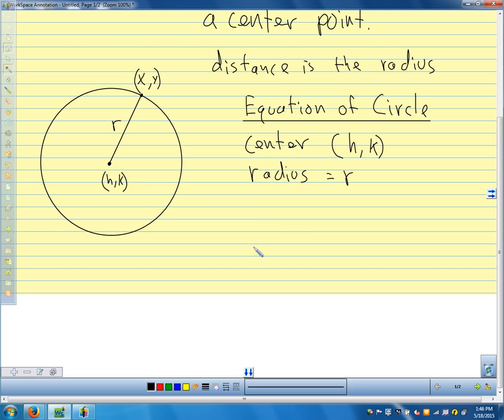Our equation, which comes from the distance formula, is x minus h squared plus y minus k squared equals r squared. That's our equation for a circle, with the center at the point HK and radius r.